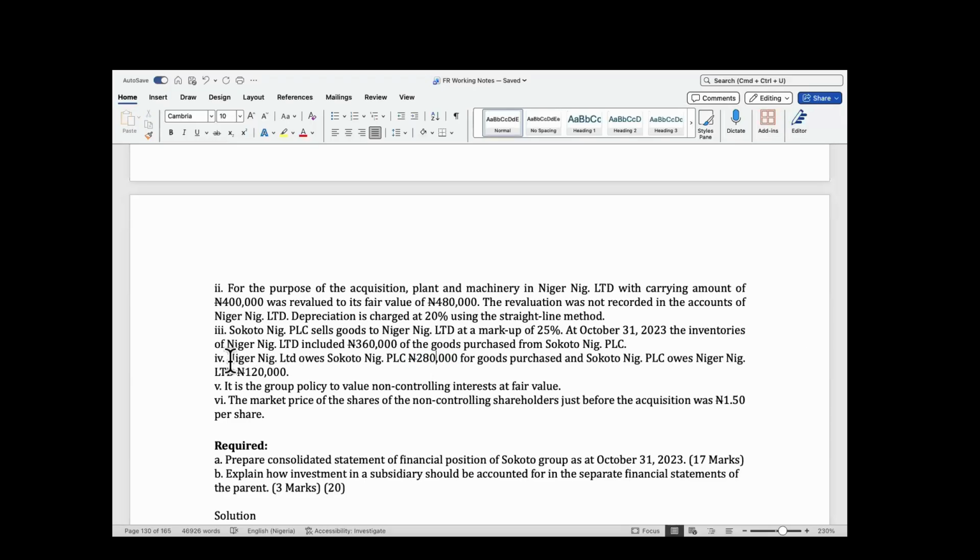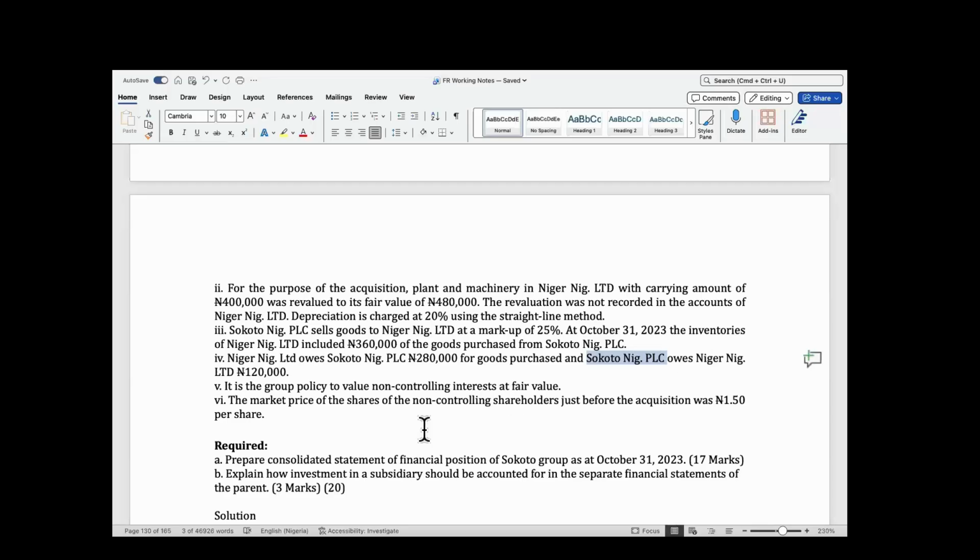In the payables of Niger, 280. In the receivables of Sokoto, 280 needs to be cancelled out. The same thing, Sokoto owes Niger 120. In the payables of Sokoto, 120. In the receivables of Niger, 120. That has to be cancelled out.